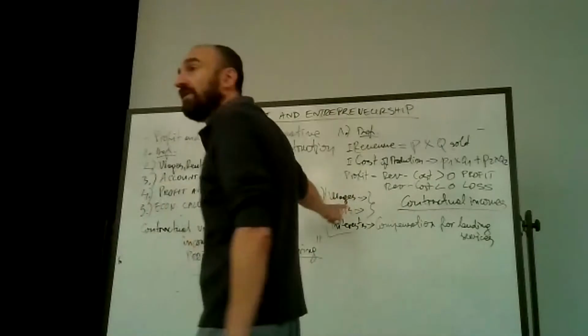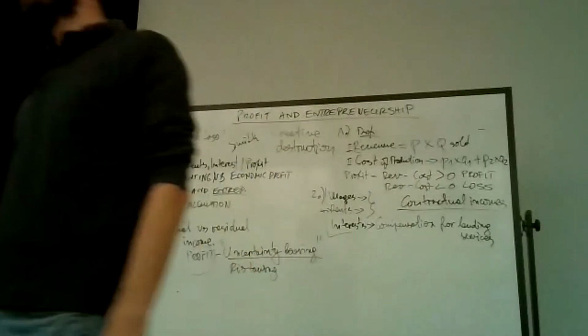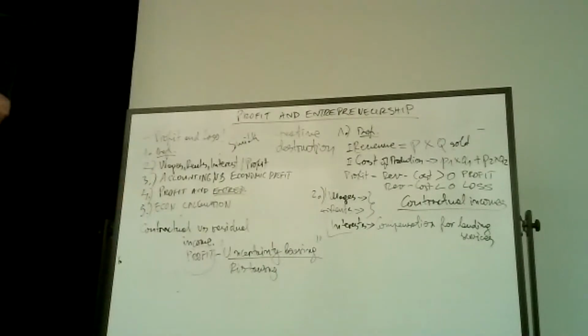Once you get a profit as an entrepreneur, that's a signal to society that you improved the value of those scarce resources, that you created something that people value more than the things that you used up, that you sacrificed in the process.